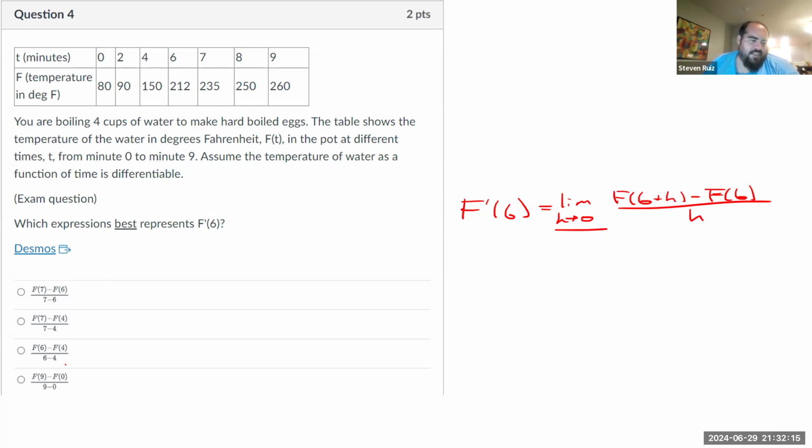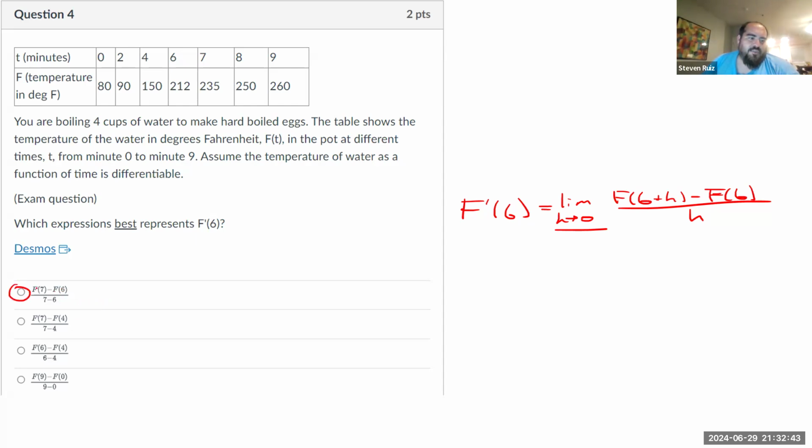So I think all of these give you, to some degree, some rate of change that contains t equals 6. But I think we want to look at the one that has the smallest interval, and also includes t = 6 as a base point.